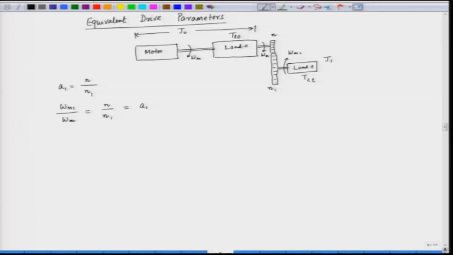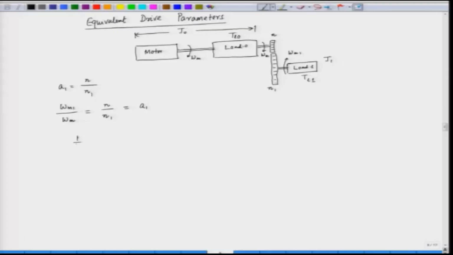Now, we will try to see the equivalent inertia of the entire system. So, what is the equivalent inertia? We have to see the kinetic energy of the entire system. When the motor is rotating, the load is rotating, they are possessing some kinetic energy. So, the equivalent kinetic energy is half j omega m square. The kinetic energy is expressed as half of moment of inertia into the square of the speed.